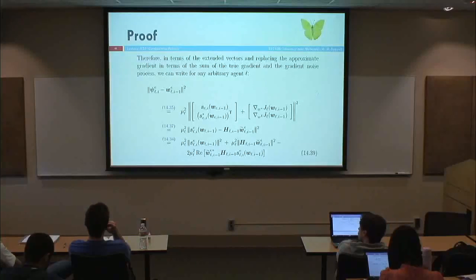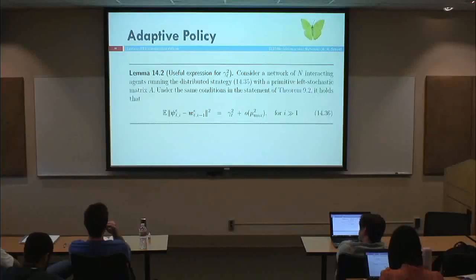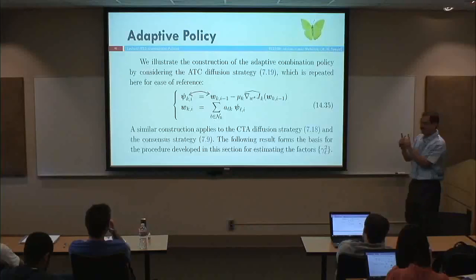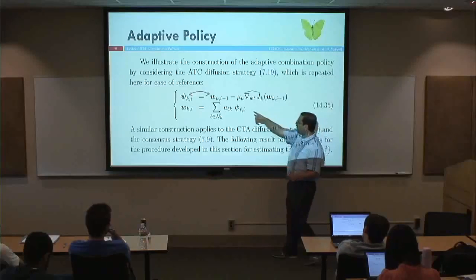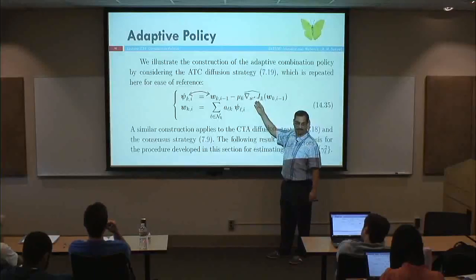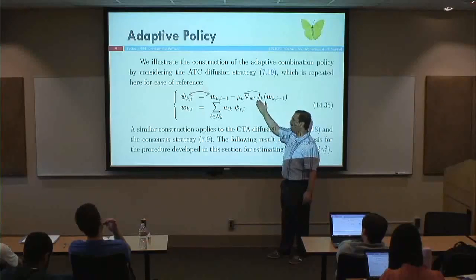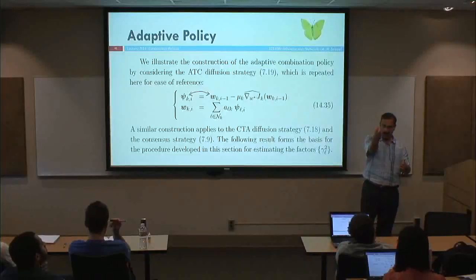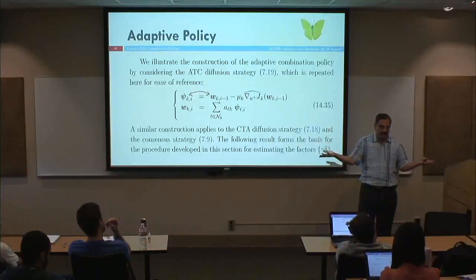But now, if you go back to the algorithm, I'm interested in this difference, correct? I'm interested in how close these are to each other, the variance. But that difference is mu times the approximate gradient, correct? What is the approximate gradient by definition? It is the true gradient plus the gradient noise, right?